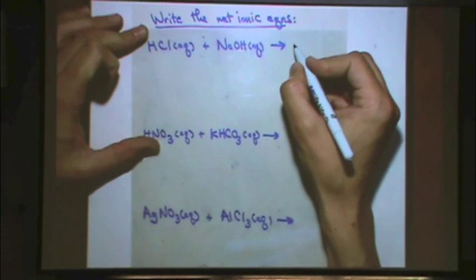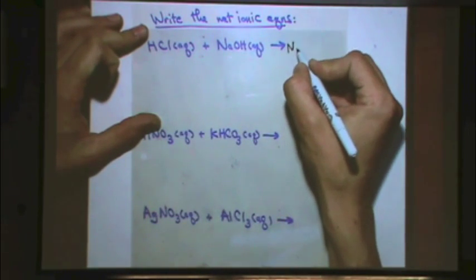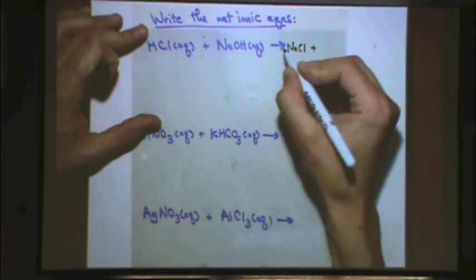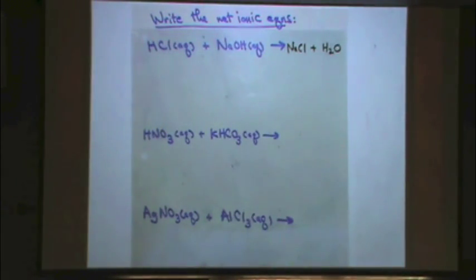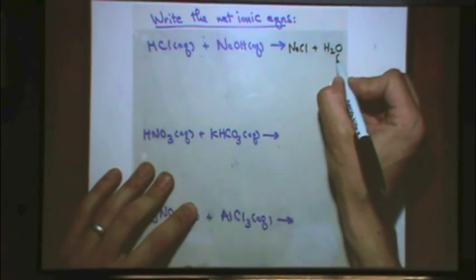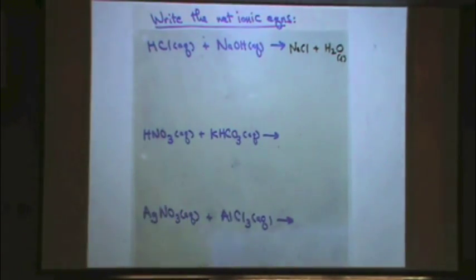This is a double replacement, so sodium chloride and HOH, which is also known as water. So I write out my double replacement. The state symbols for the first 2 are done for me. Water, you know, is liquid. So we know that one just from general standard conditions.